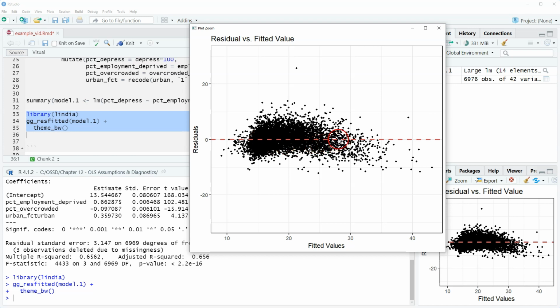But once we get out here, we see that the residuals really are below 0. So it's not likely that their local means are 0. Based on that, we probably have violated functional form.